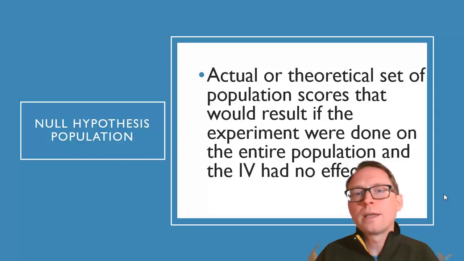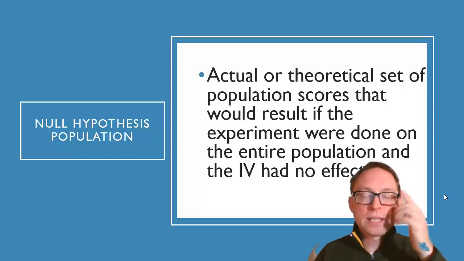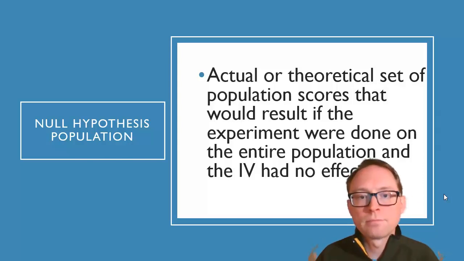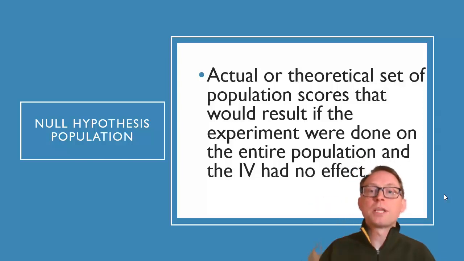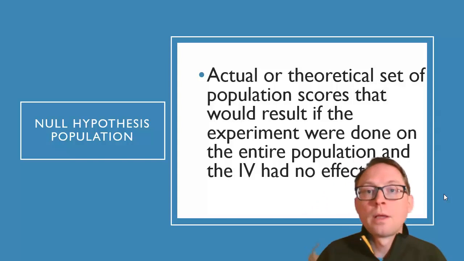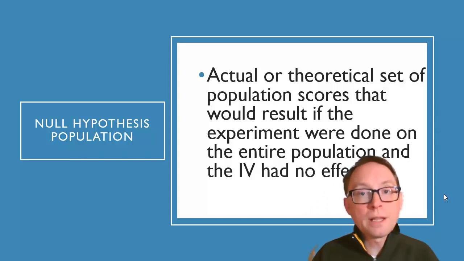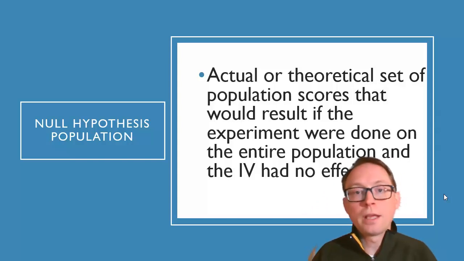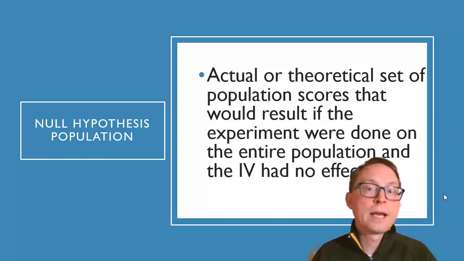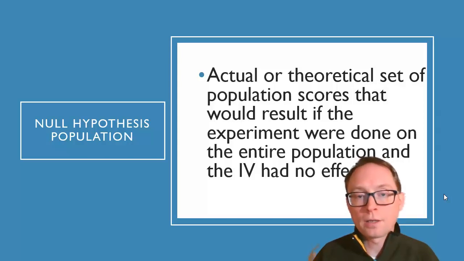What would I expect if the null was true, if nothing was going on? If glasses had no effect on being hot, the null hypothesis population would be everybody's hotness score if glasses had no effect on your hotness. We would be able to see everybody's hotness score, and therefore we would know the probability of getting any given hotness score if glasses had no effect on your hotness.